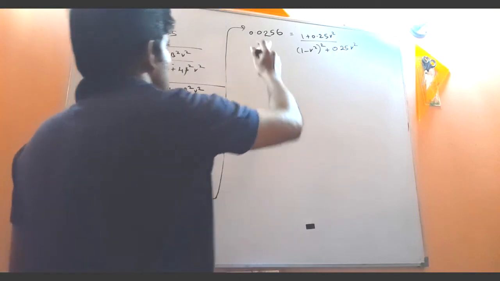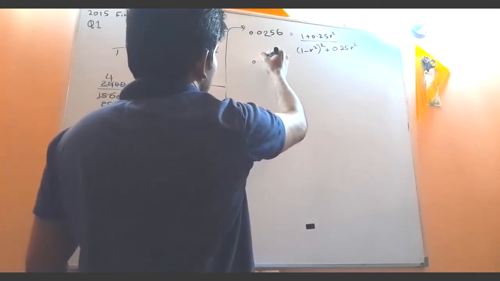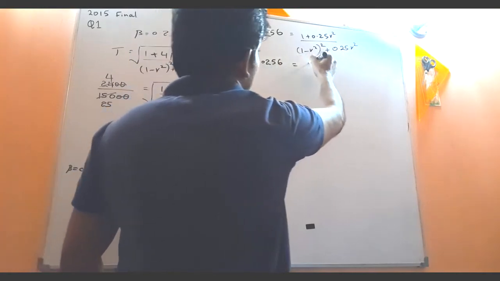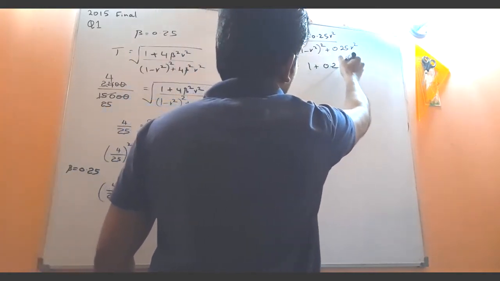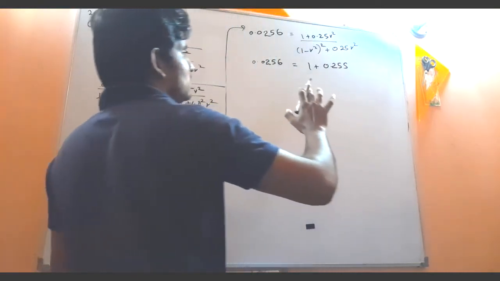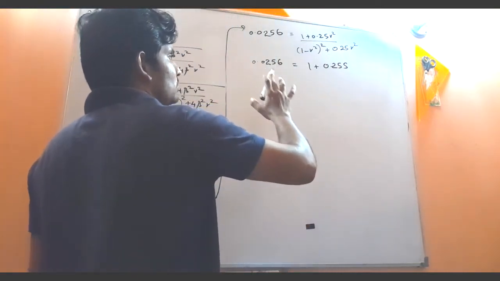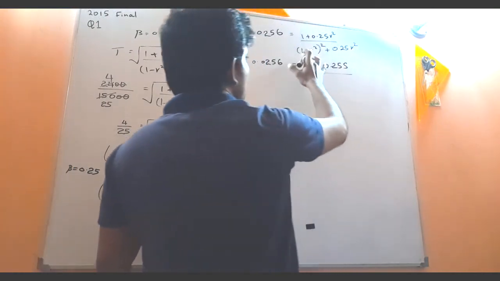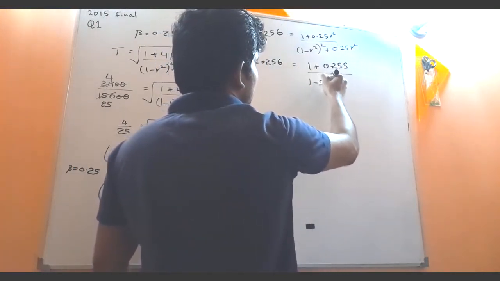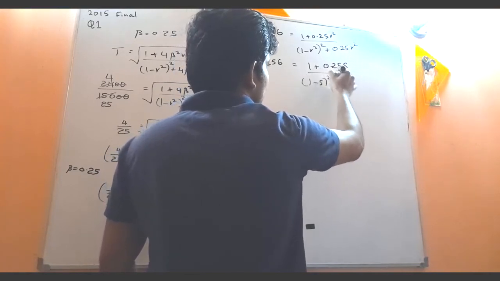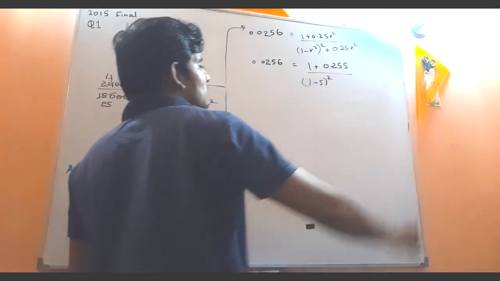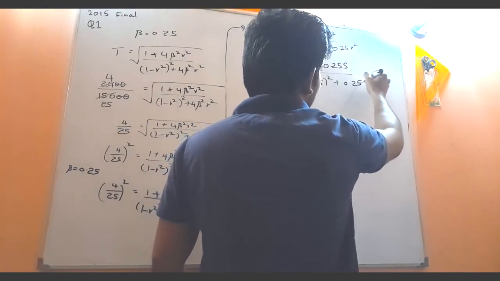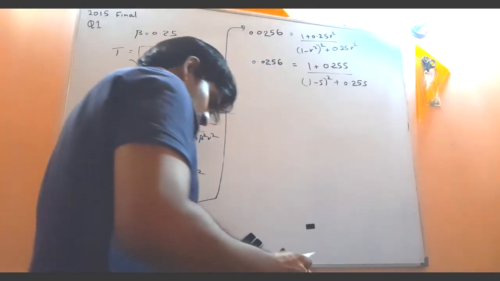So this side, 0.0256 equals 1 plus 0.25 s, because I have told you to consider r squared as s, divided by 1 minus r squared, which means 1 minus s squared, plus 0.25 s, okay?